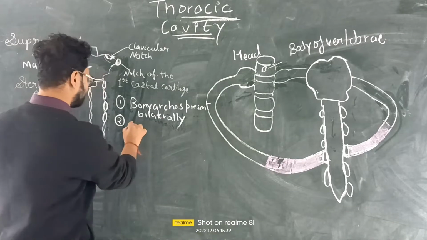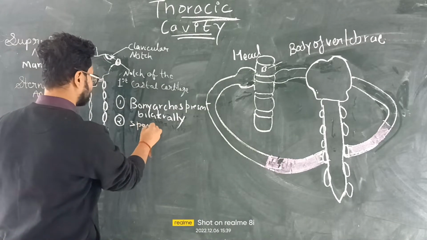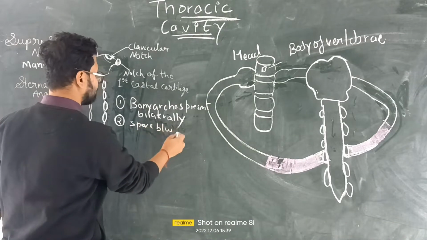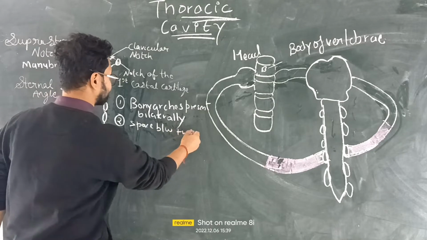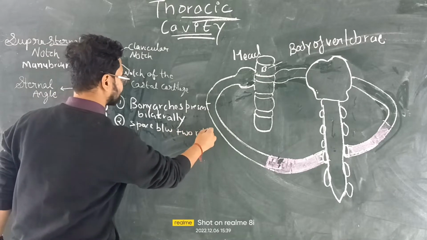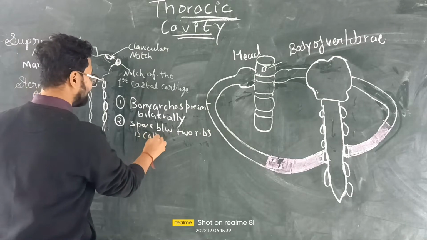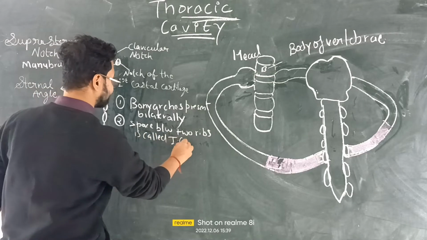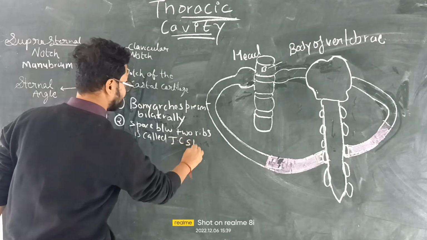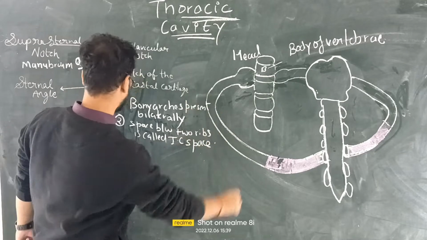The space between two ribs is called intercostal space.